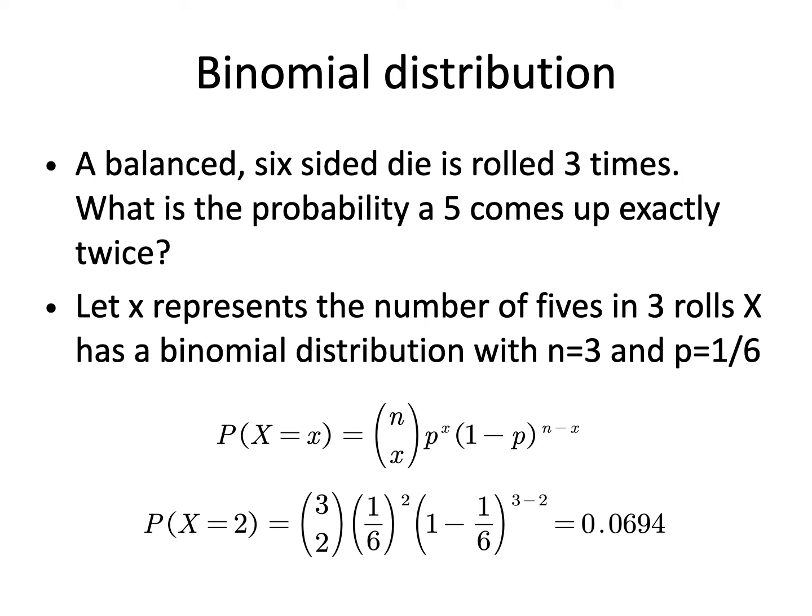So here we can write: success is rolling a 5, and failure is everything that is not success. If we let X represent the number of fives in three rolls, then X has a binomial distribution with n equal to 3 and p equal to 1/6.